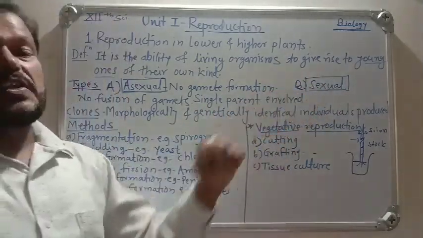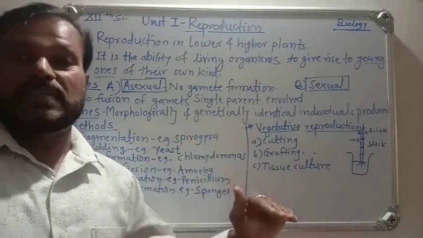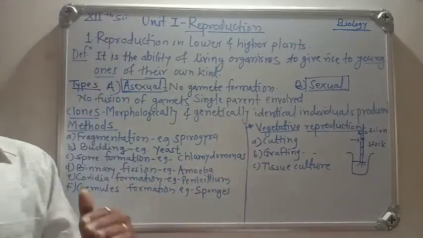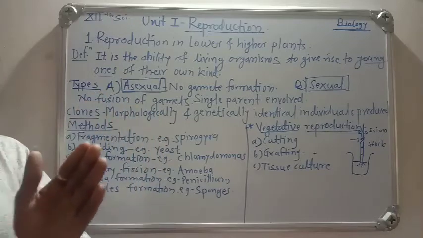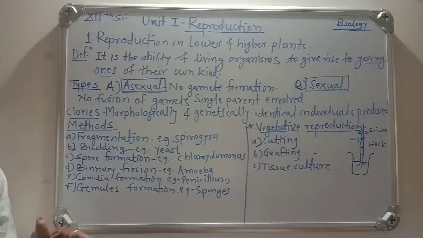Generally, sexual reproduction occurs after maturity of the plants, that is, after the vegetative phase. It marks the end of the vegetative phase, which starts flowering, and after flowering the sexual reproduction process takes place.